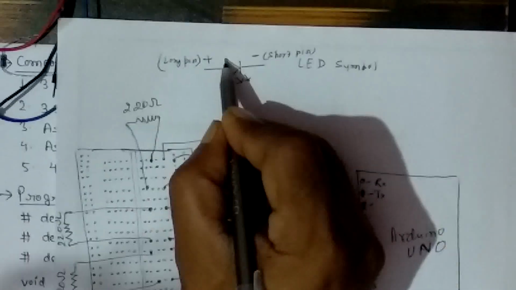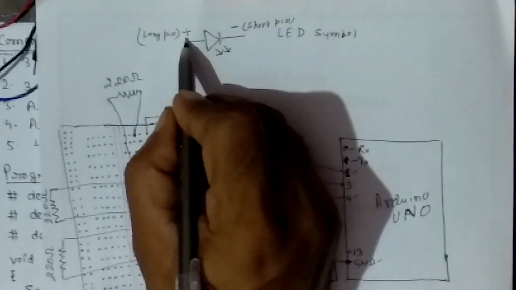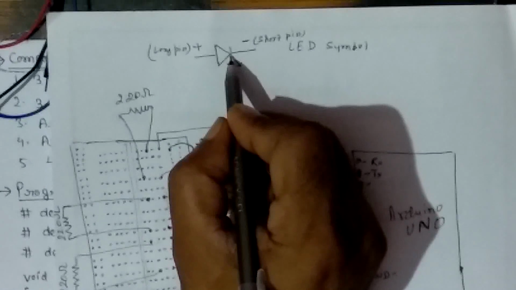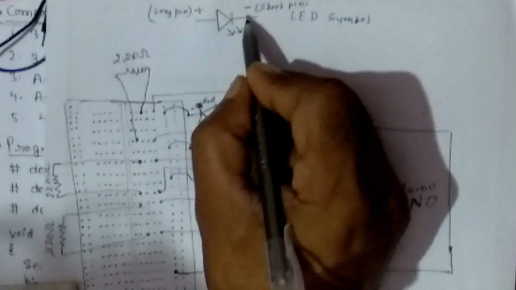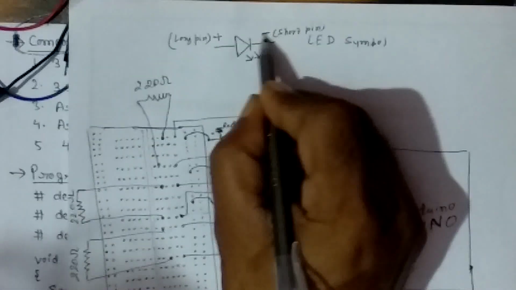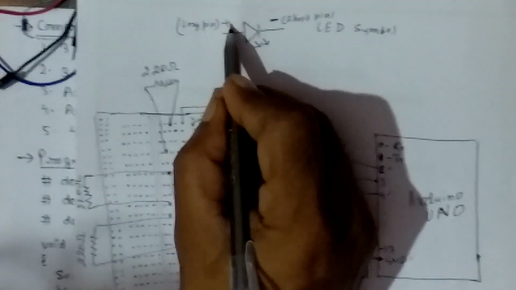The symbol of LEDs is shown here. The long side of the triangle is shown as positive and the narrow side is denoted by negative. For all LEDs, the short pin is shown by this minus and the long pin is shown by this plus.